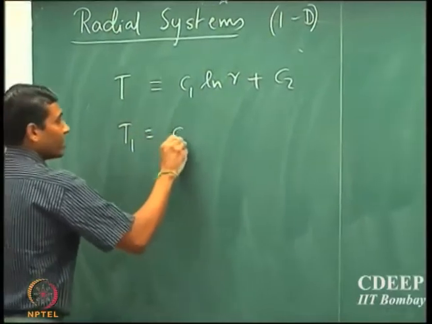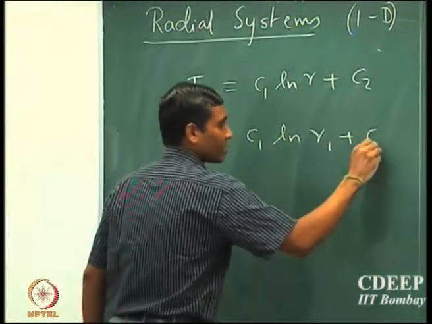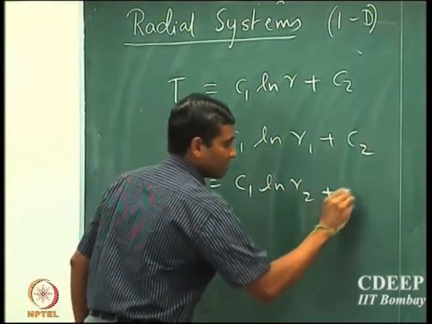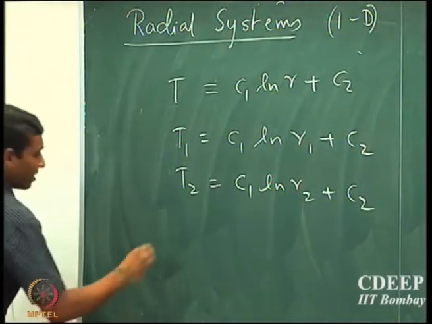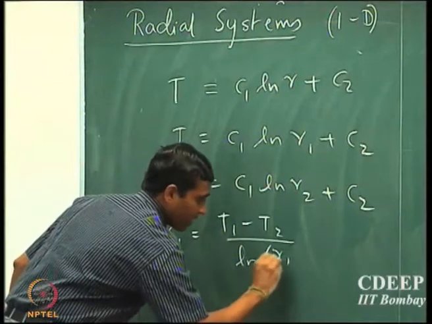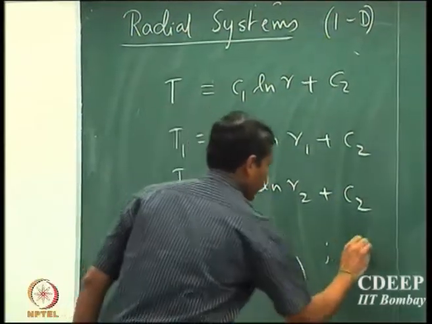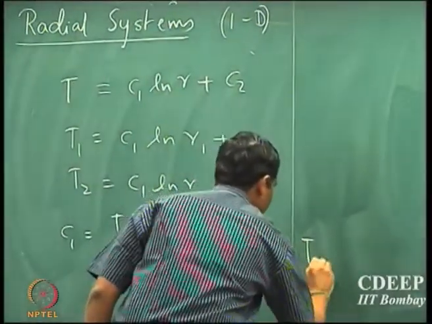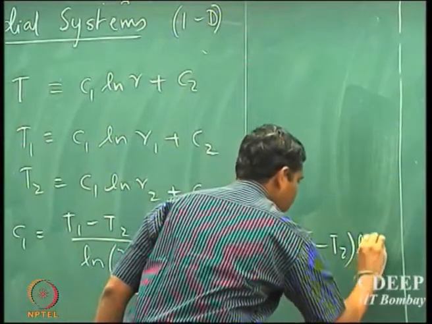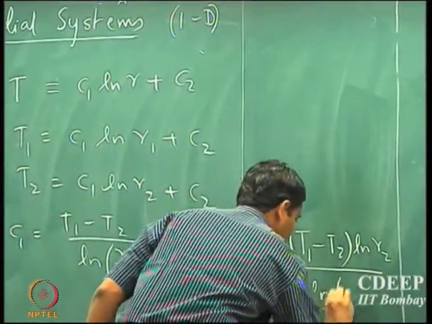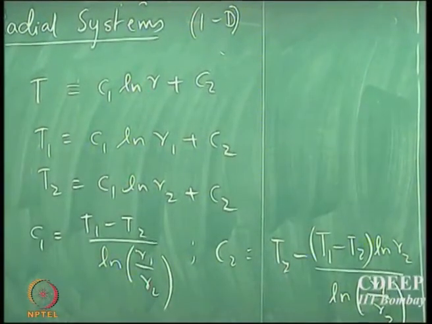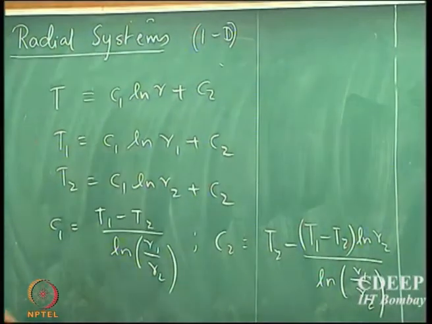So T1 will be C1 ln R1 plus C2, and T2 will be C1 ln R2 plus C2. From here we can find that C1 is (T1 minus T2) by ln(R1 by R2), and C2 is T2 minus (T1 minus T2) ln R2 divided by ln(R1 by R2). It is quite easy; you can almost read it out by solving these simultaneous linear equations.